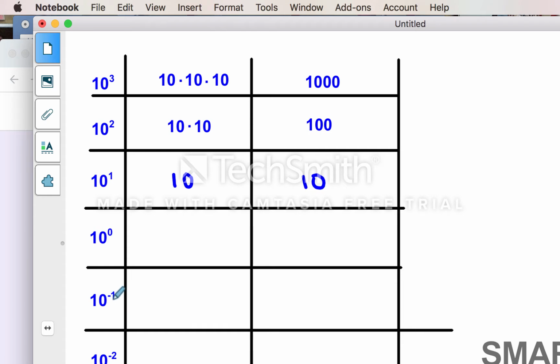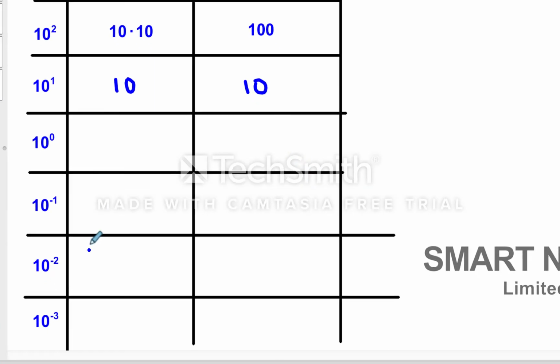Well, a negative would be the opposite of positive, and if these were all positive, and these are telling you to multiply 10 two times, when we use a negative exponent, we're going to be really dividing two times. So the way this will look is you've got 1/10 times 1/10 here.